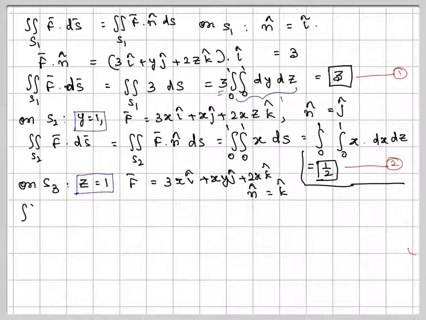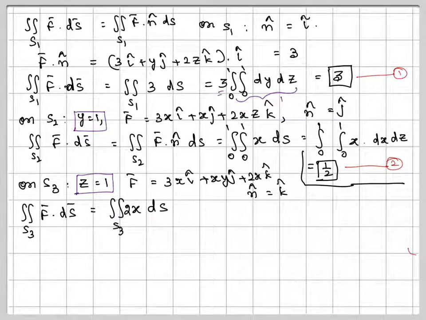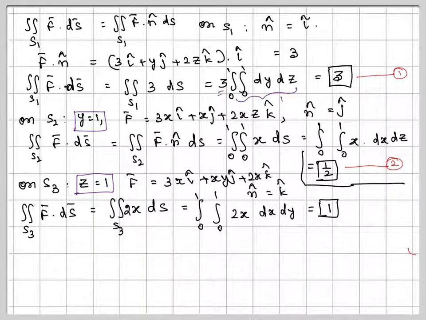So if you do F dot n here, the double integral over S3 of F dot dS is double integral over S3 of F dot n dS, which will turn out to be 2x dS. This side corresponds to the plane parallel to the xy plane, so dS is actually dx dy. So it is integral 0 to 1, integral 0 to 1 of 2x dx dy. If you compute this integral, that will turn out to be 1. We'll call it step 3.